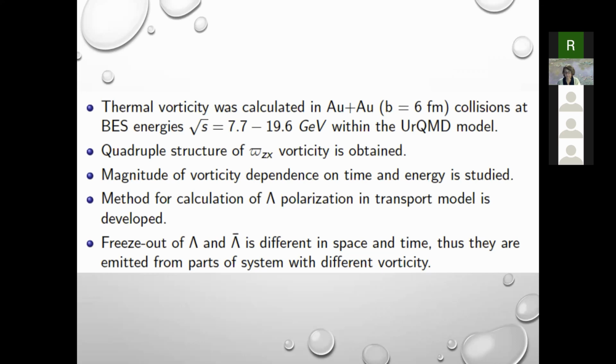So you can put your effect on top of this baseline and then even increase the polarization at lower energies. Okay, so I'm done and thank you for your attention.